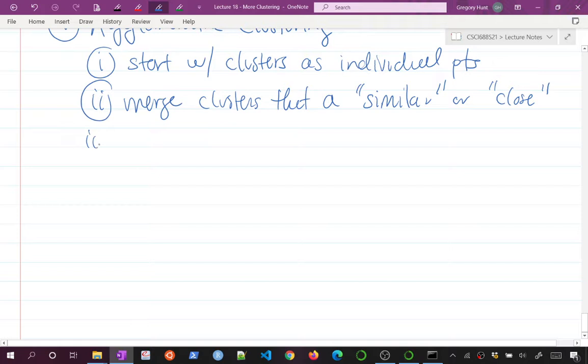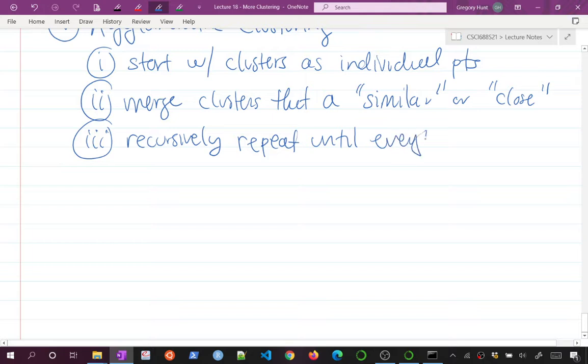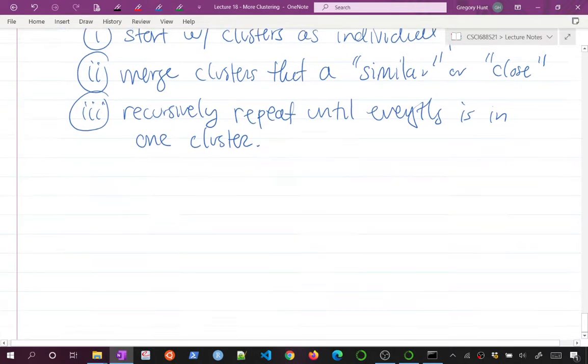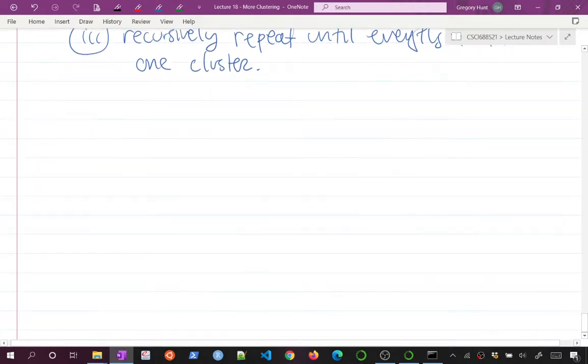And then I'm basically just going to recursively repeat this until everything is in one cluster. So it seems like a weird description of an algorithm, but it's actually not so bad if we look at an example.